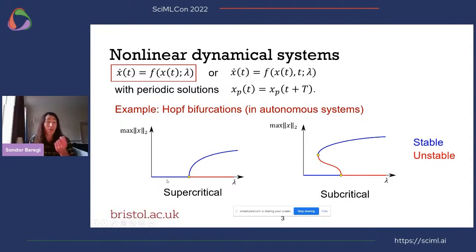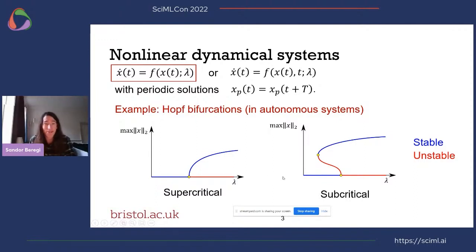So for example, in the supercritical case, in the horizontal axis, I'm showing a chosen parameter, which is referred to as a bifurcation parameter, whereas in the vertical axis, in the case of periodic solutions, it's typical to show some sort of a norm related to the vibration amplitude.